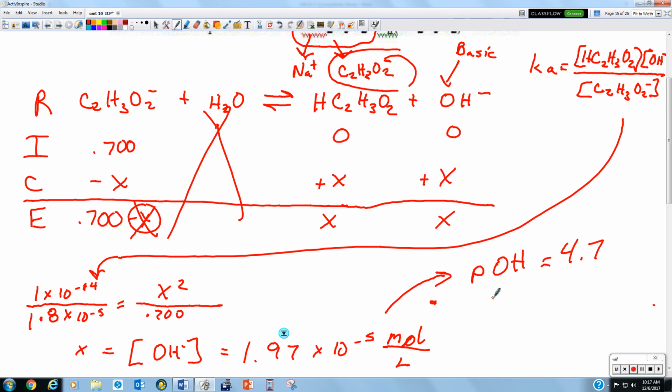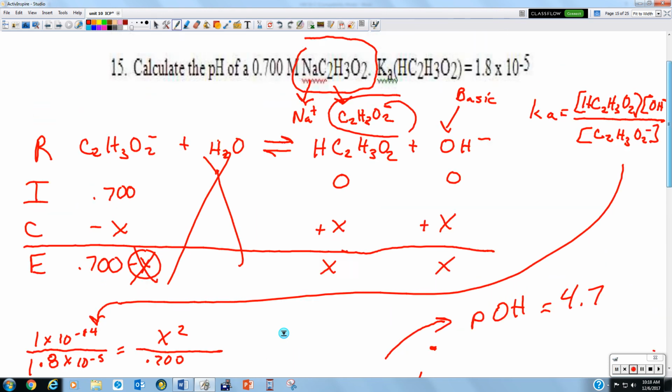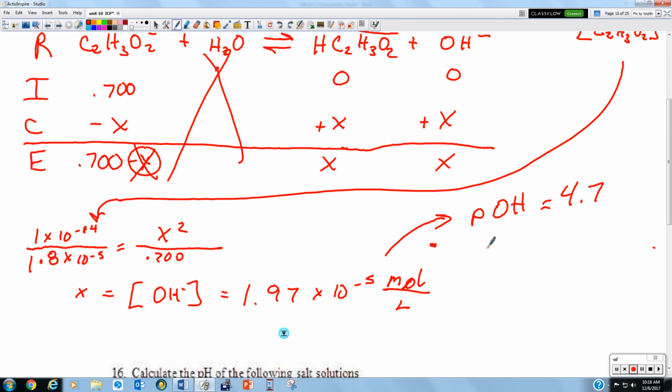So our problem is asking for the pH, so pH is going to be 14 minus pOH. 9.3. All right.